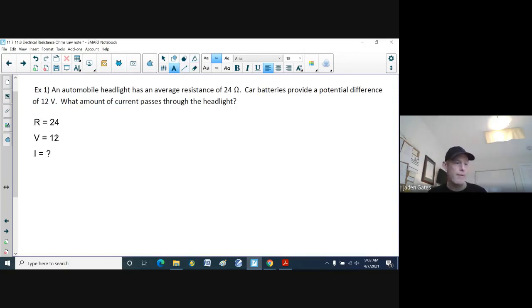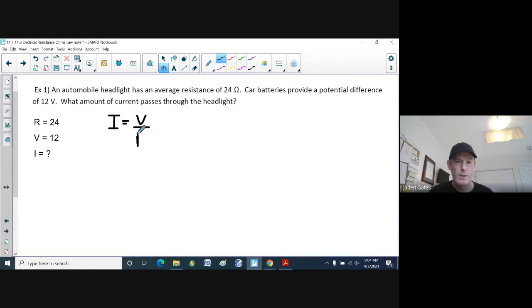All right, so if I look at my formula triangle there, I'm looking for I, and so I is going to equal V divided by R. And so when I substitute my information in, everything's in its standard units.